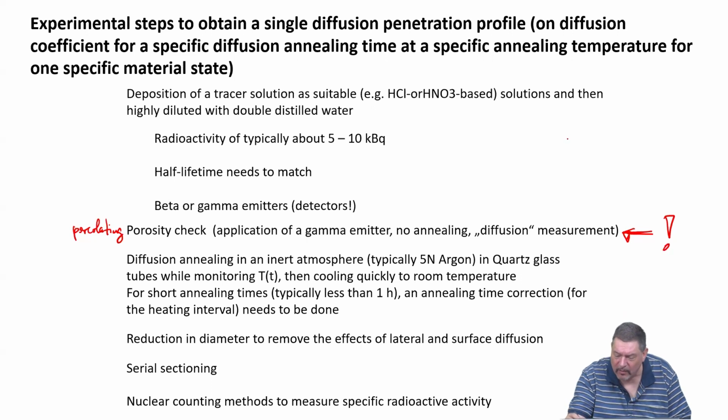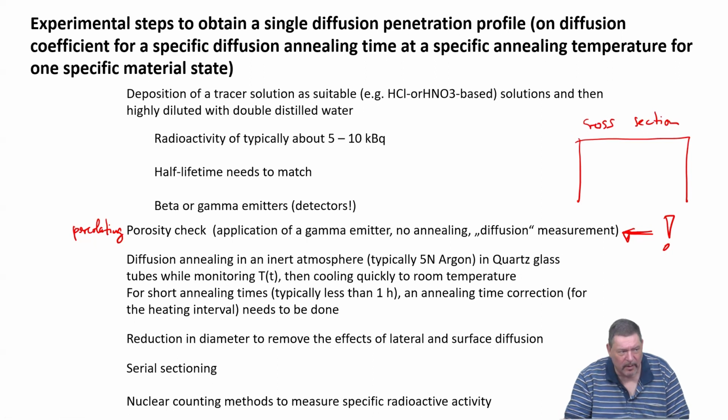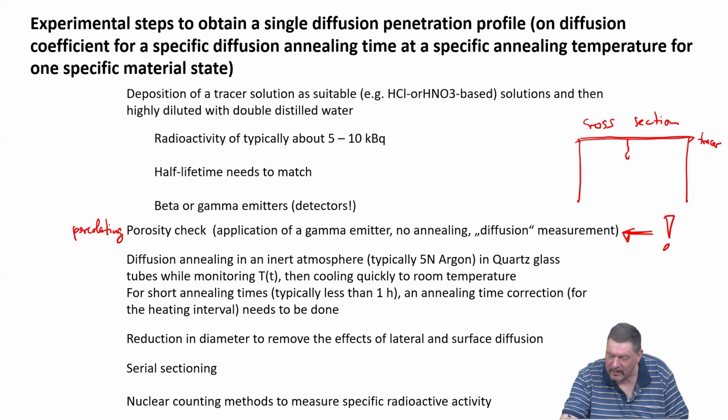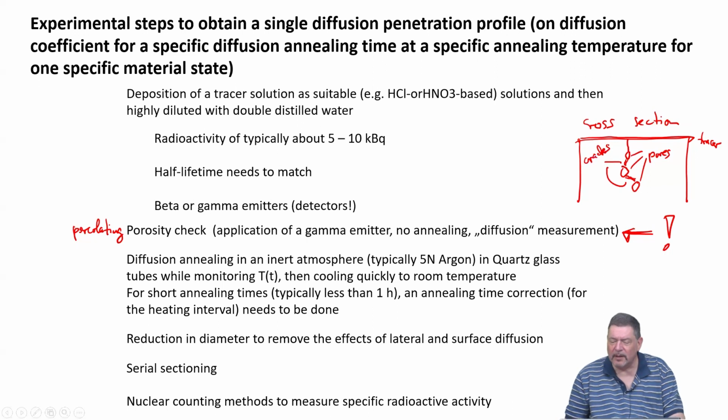It means when I now have, let's say, a cross-section of my material, and the tracer was initially here, and maybe I have a grain boundary here, but then I have maybe a pore and an interconnected crack, another pore, crack, another pore. Then this is defining a percolating pathway for diffusion.